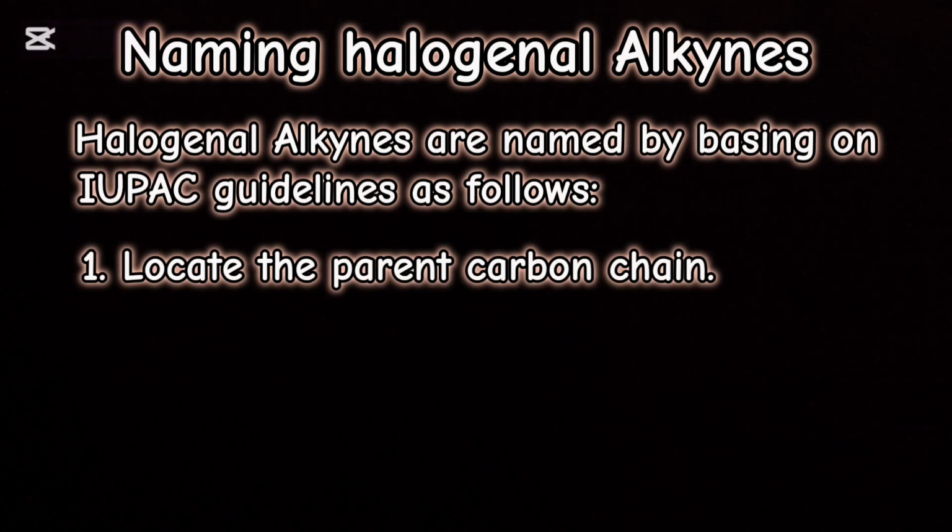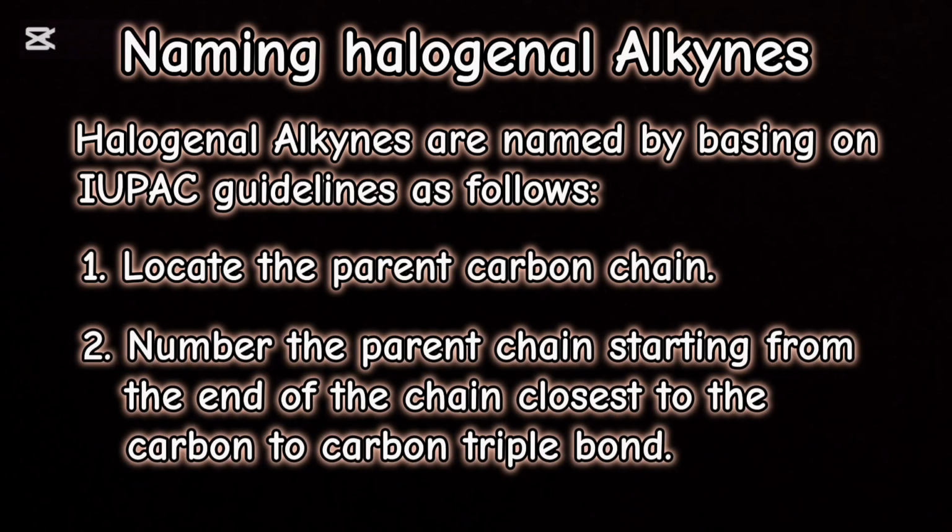Guideline number 2 is that we have to assign numbers to carbon atoms on the parent chain by starting from the end or from the side of the chain that is closest to the carbon-carbon triple bond. We shall practice this.